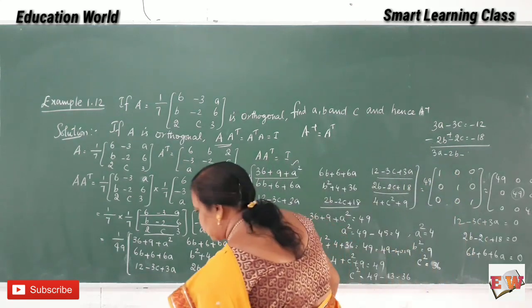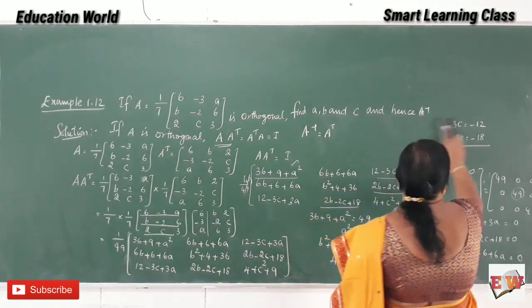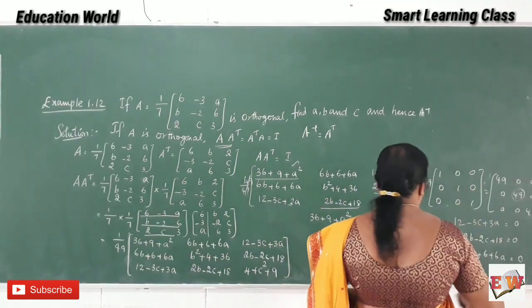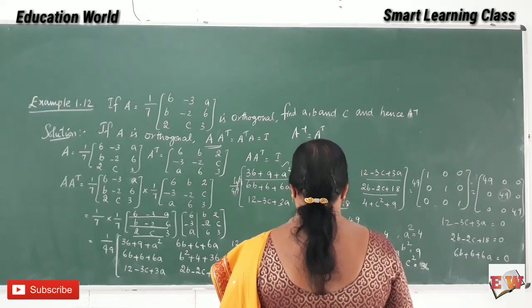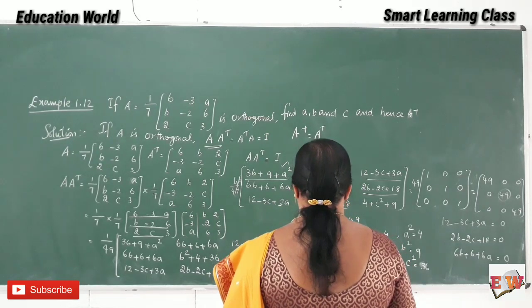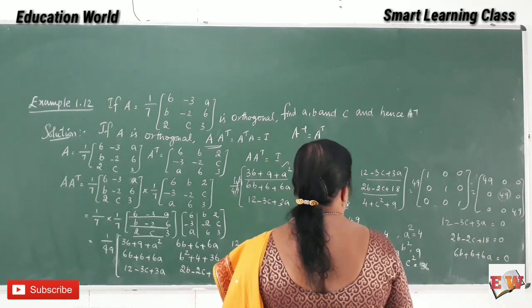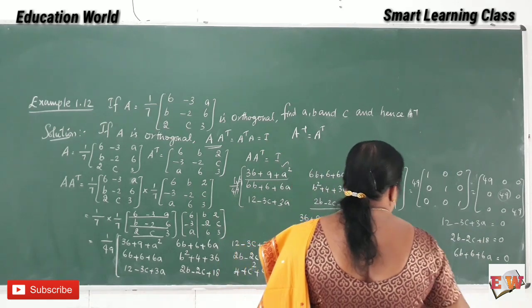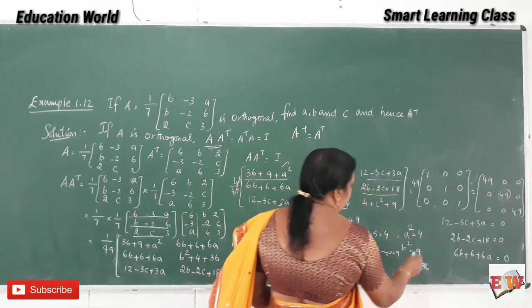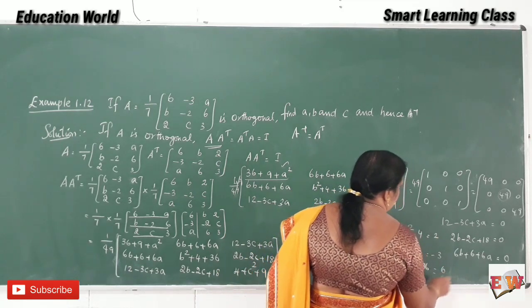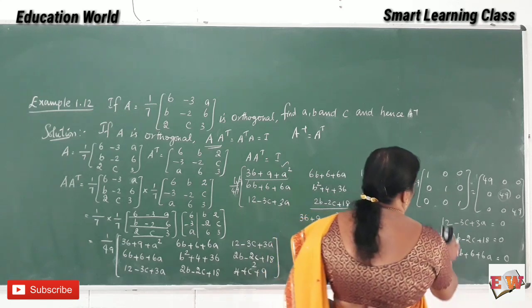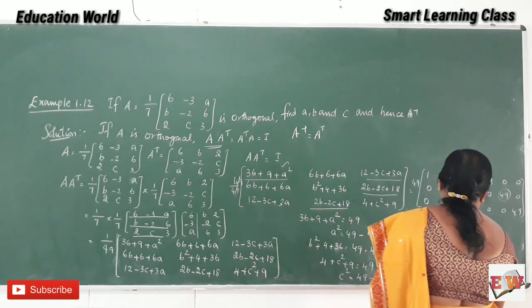No need to take this kind of steps. We can find it easily. From this, a is equal to 2, b is equal to minus 3, c is equal to 6, it will come. For this, we have to take the remaining terms.